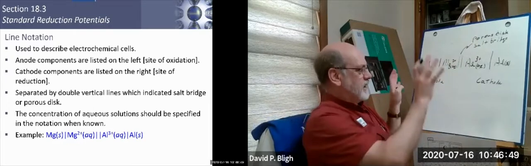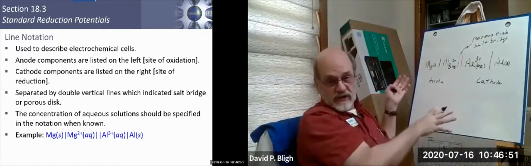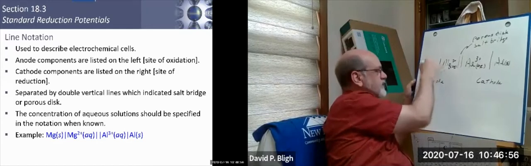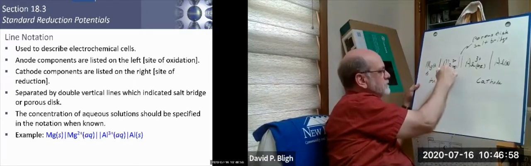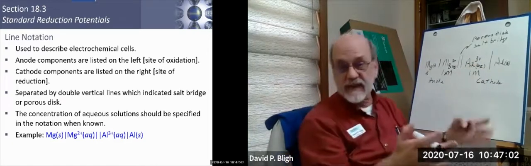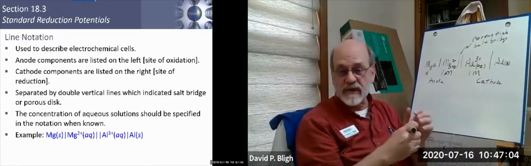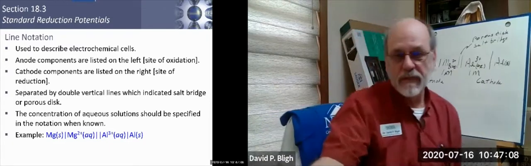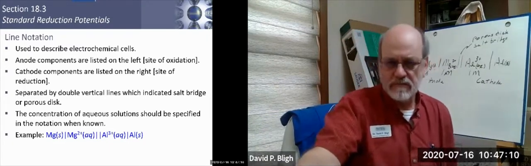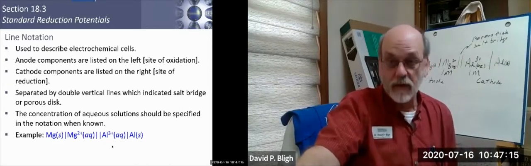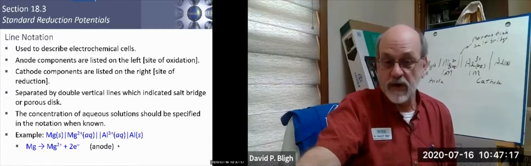And then you would put the concentrations in there. Standard concentrations: that's a solid, 1 molar, 1 molar. If it happens to be something different, whatever that happens to be, you want as much information as you can put in there that will describe the cell. And concentration is very important.